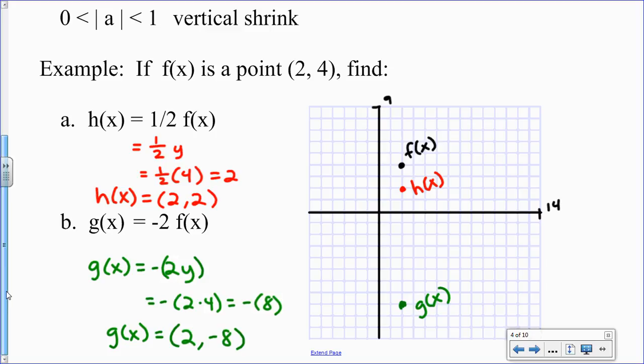So your stretch and shrink only affect the y coordinate. Okay? Questions about that? Okay.